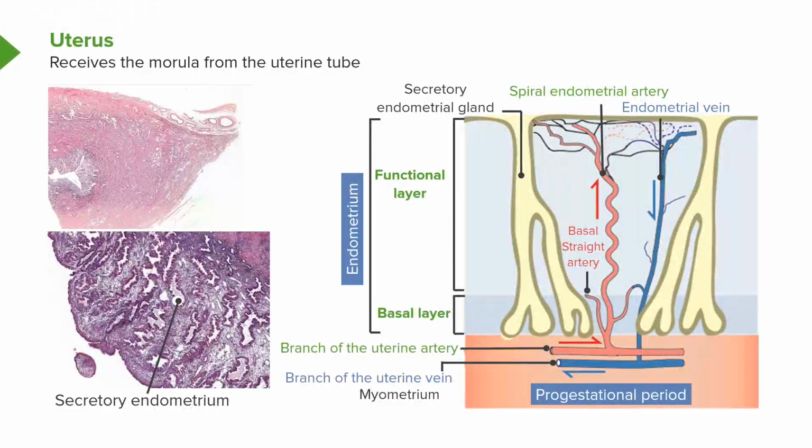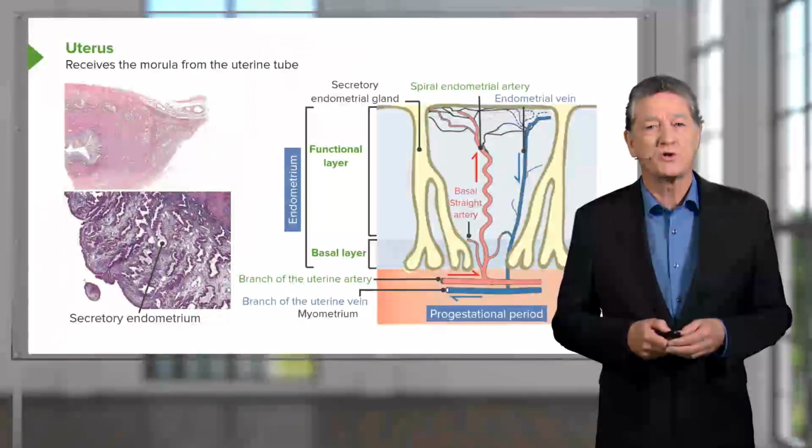They become very, very secretory to provide nutrition, as I mentioned earlier, for the possibility of an implanting blastocyst. And those glands have got to that stage of being secretory because under the influence of estrogens, during the follicular phase of the ovarian cycle, the endometrial component of the uterus that's shed during menstruation has been repaired. And I'll talk about that in a moment.